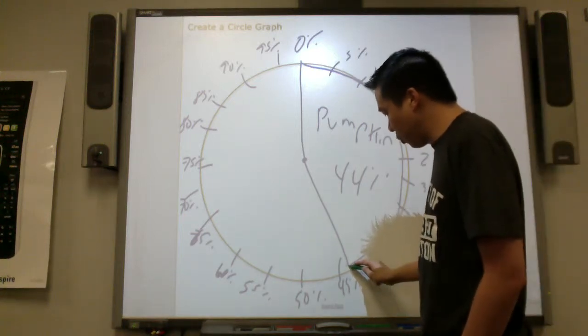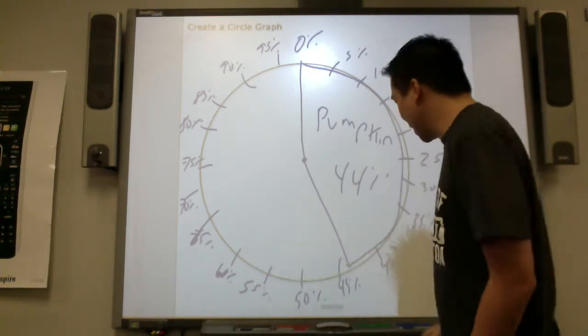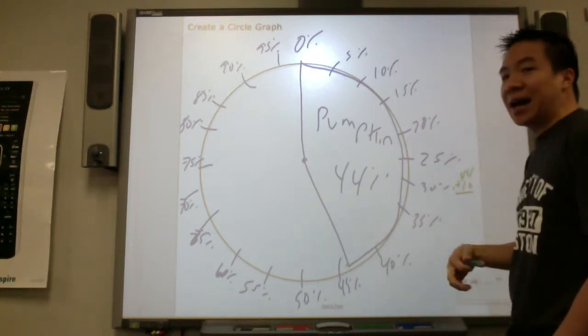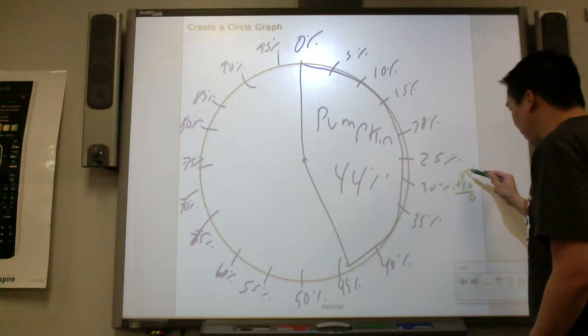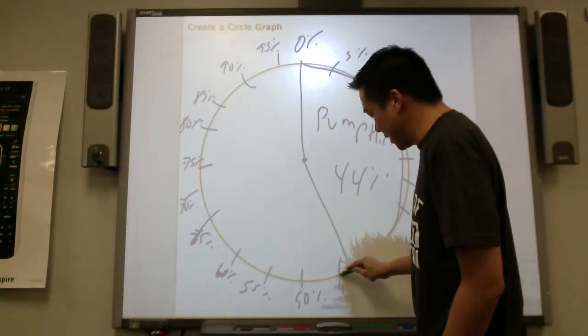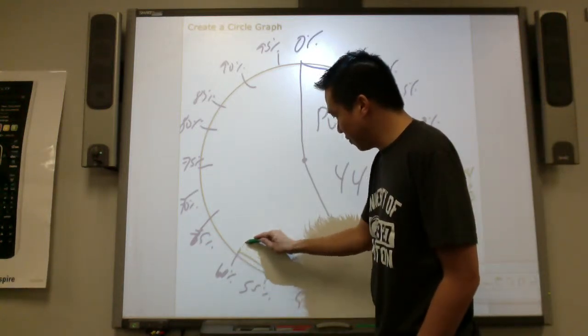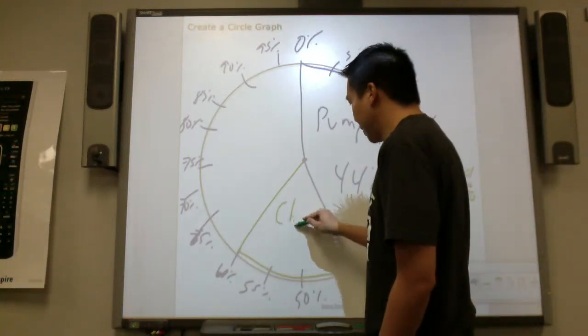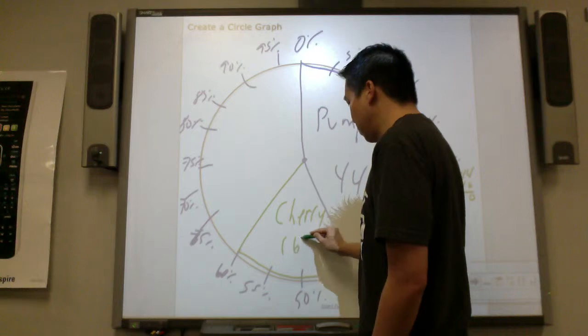So right here, 44%. I need to find 16% more. On the side of my paper, I am going to tack on 16% more. So if I add 16% more, it will go to 60%. So this part is cherry, and that's 16%.